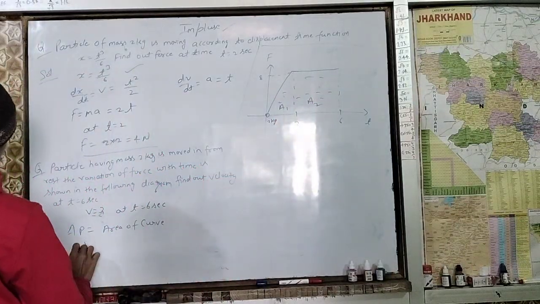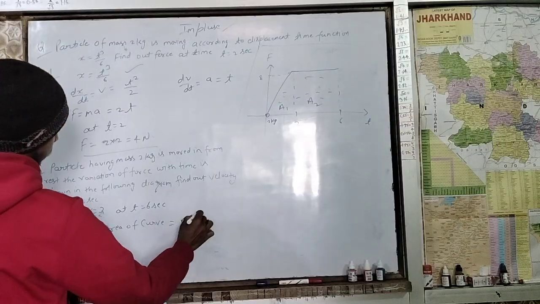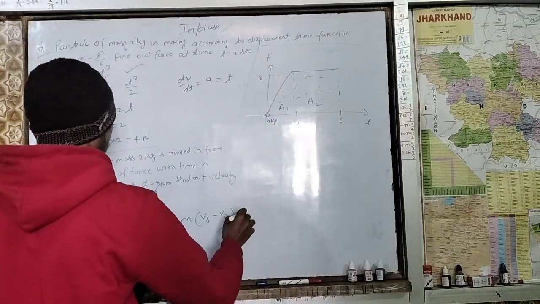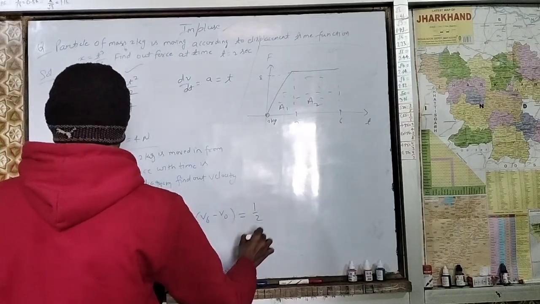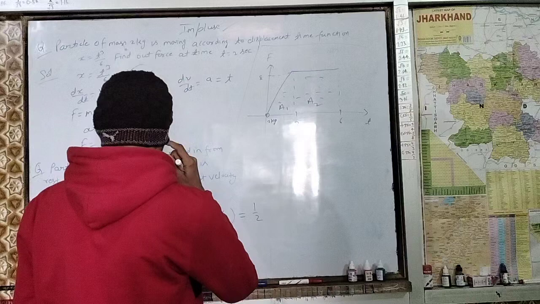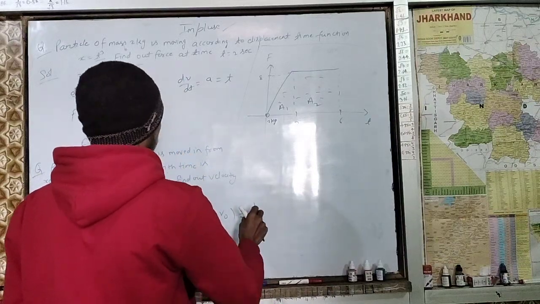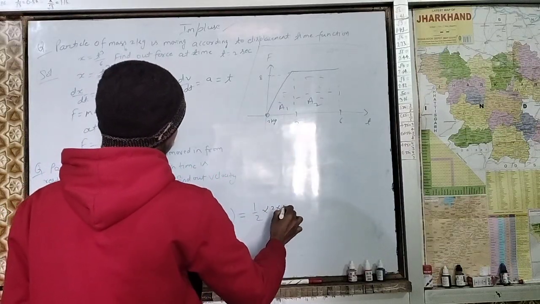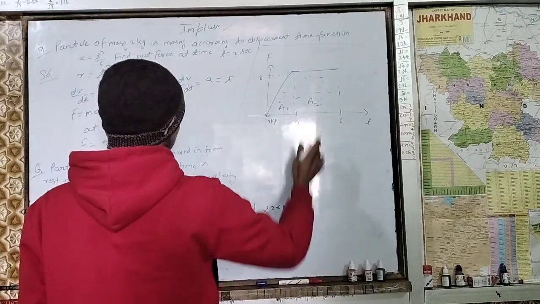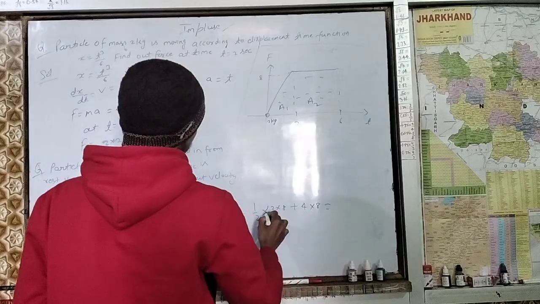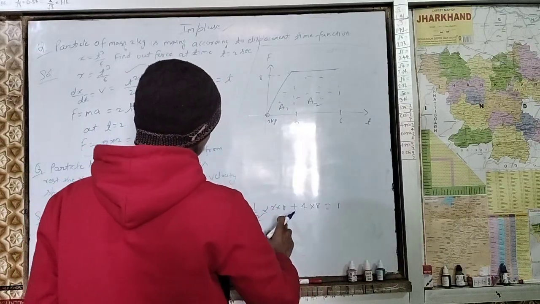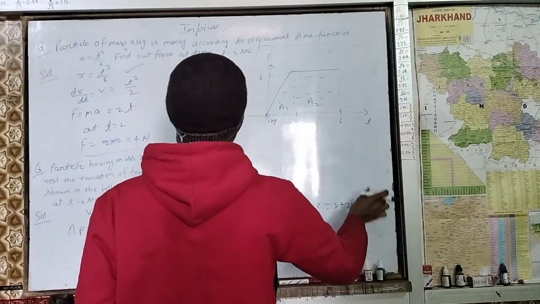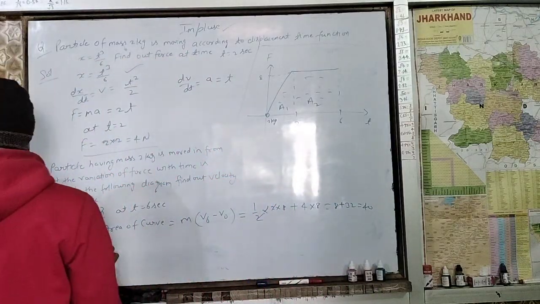So m times (v6 minus v0) will be equal to 1 upon 2 into base 2 and altitude 8, plus this rectangle 4 multiplied by 8. 8 plus 32 will be 40. 40 is the total change in momentum.